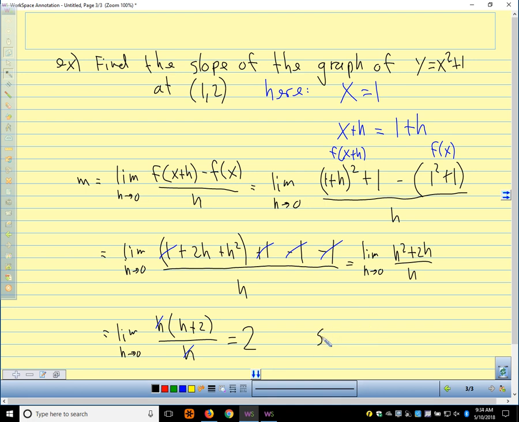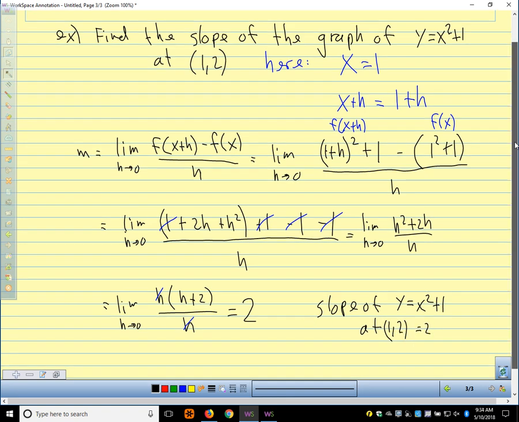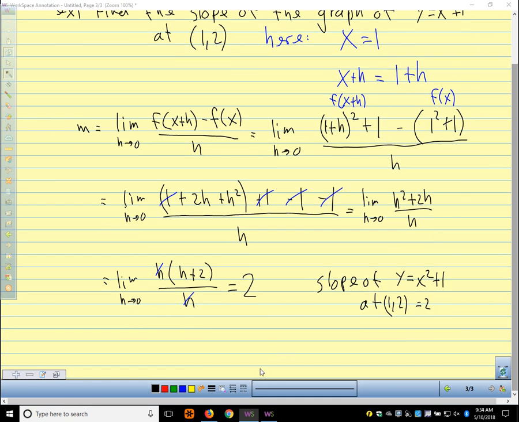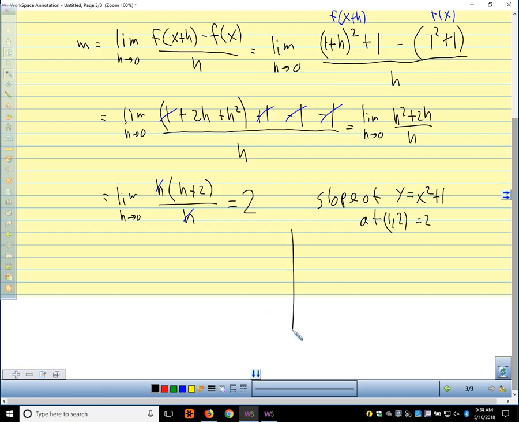So the slope of y equals x squared plus 1 at 1, 2 equals 2. And let's think about what this looks like for a second. What is the graph of y equals x squared plus 1? What kind of shape? Parabola. And the plus 1 does what to it? Shifts it up 1.